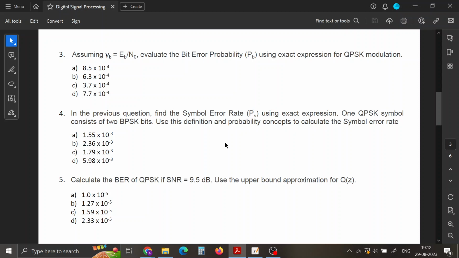Now you have to use the upper bound approximation for Q(z). As someone was asking during the third question, what if I don't have access to the Q value? Let's say I don't have internet, I can't search Google, and no Q value is mentioned in the question. In the worst case, you can use this upper bound approximation, which is a good approximation.